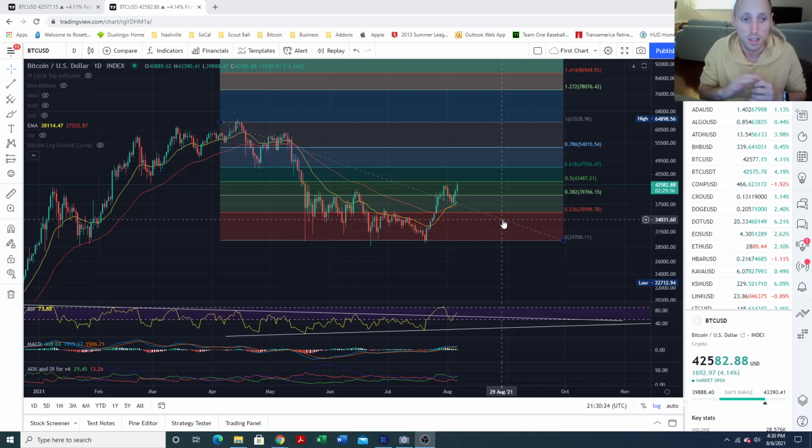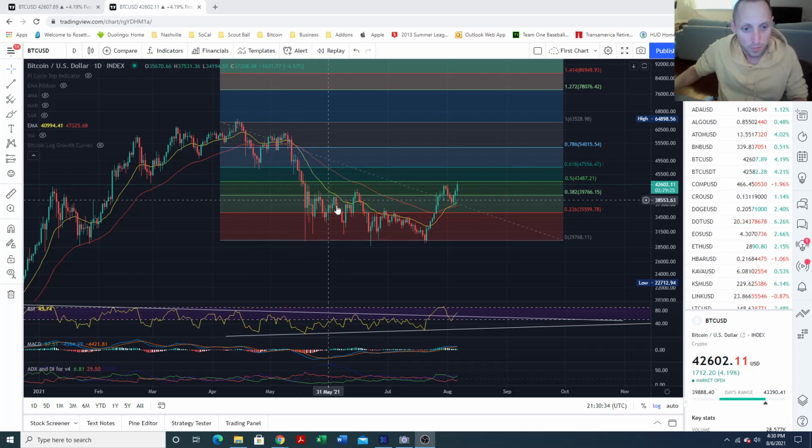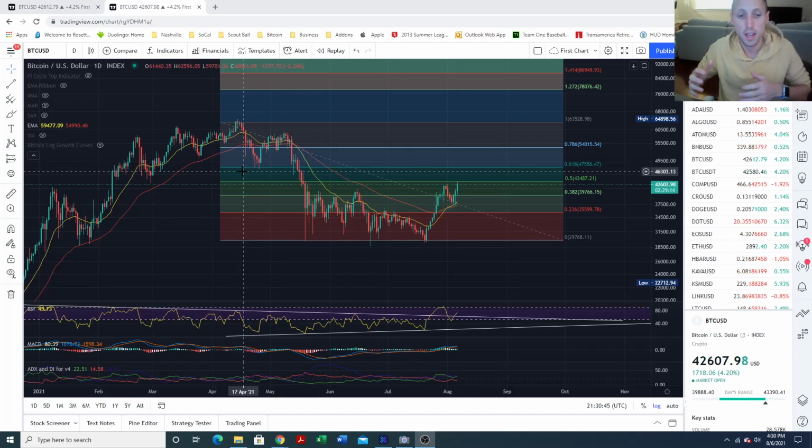First and foremost, the biggest indicator I use is an EMA. I use the 20, which is the yellow line, an exponential moving average, and the 55, which is the red line over here. This is kind of looking at short-term versus long-term.